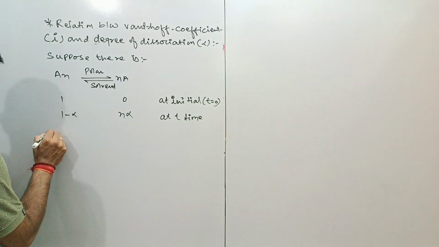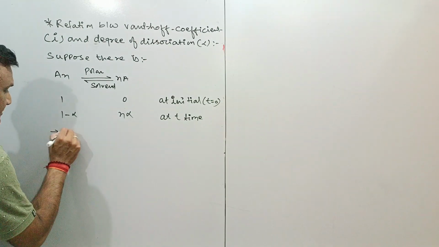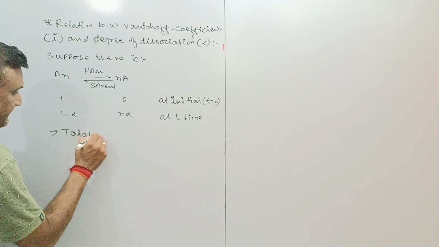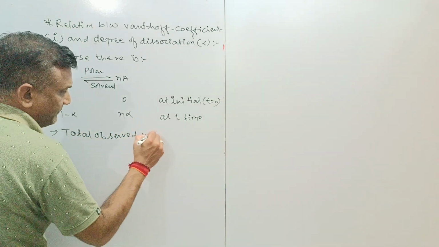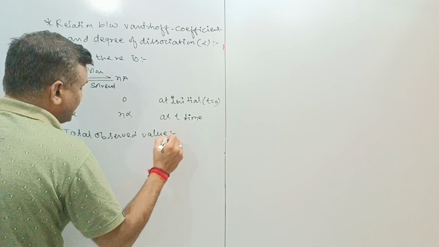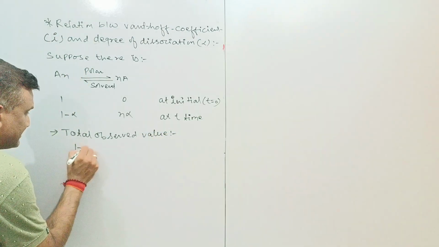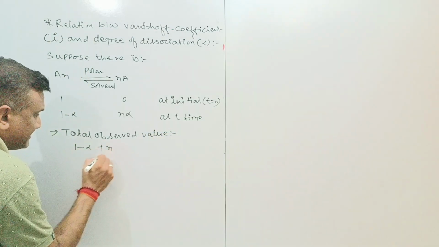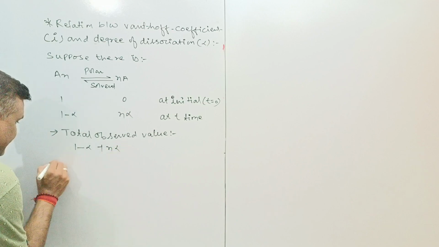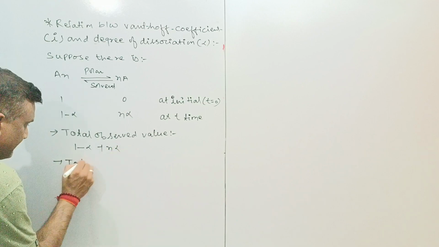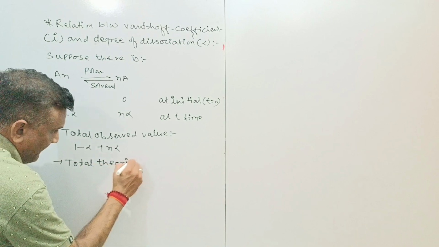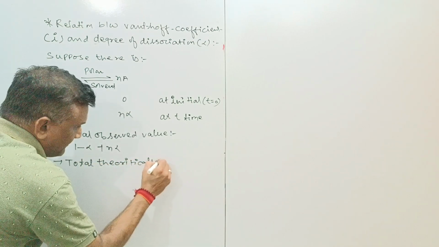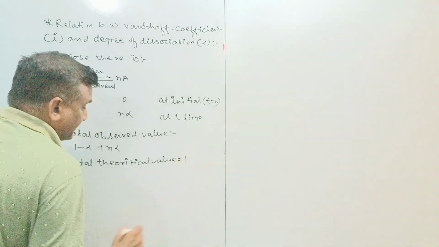So we can say according to Vant-Hoff coefficient, total observed value is 1 minus alpha plus n alpha, and total theoretical value is your 1.